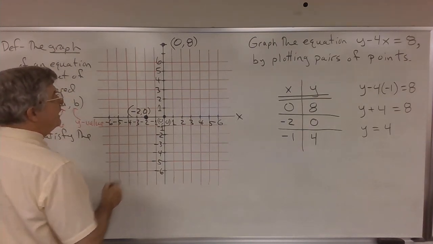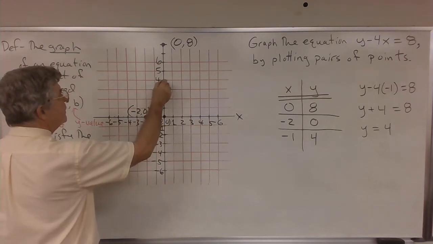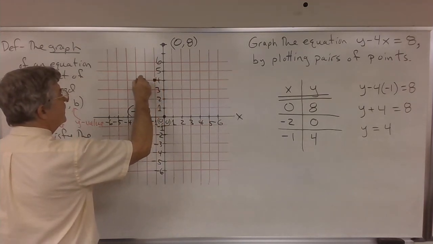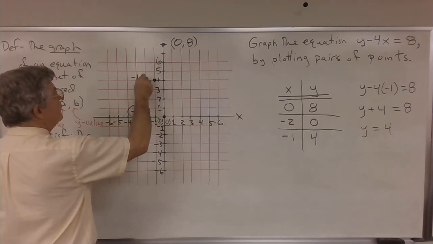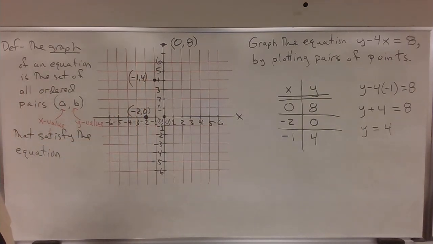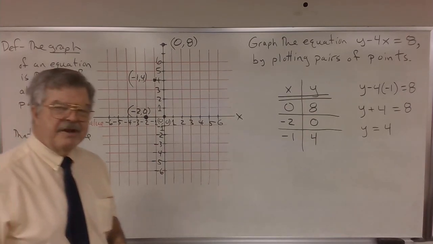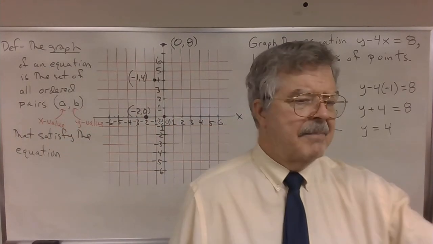And x equal negative 1, y equal 4. Here's x equal negative 1. Here's y equal 4. Negative 1, 4. Now, if we've done our job right, these points should all lie on the same line. Let's just connect them and make sure that that happens.